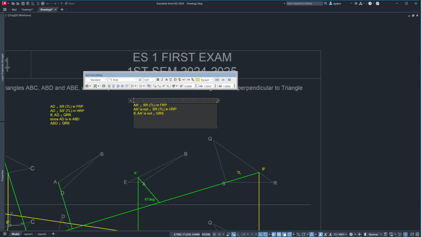So, therefore, AA prime is not perpendicular to QRS. And we can also say that AB is not perpendicular to QRS. Na ganyan. So, a lot of students might say na, well, that's just one line lang naman yan, di ba?